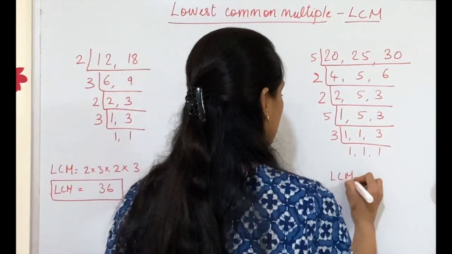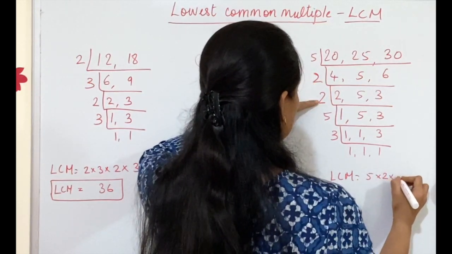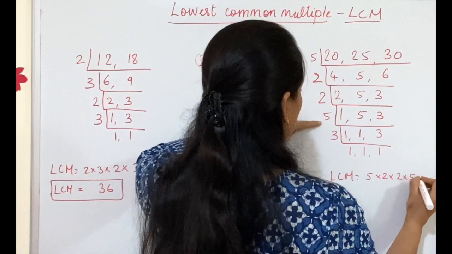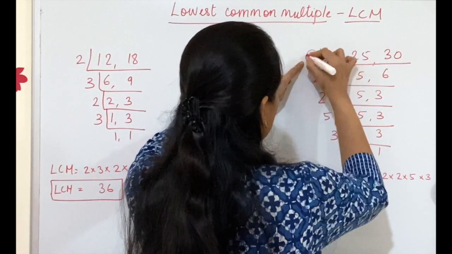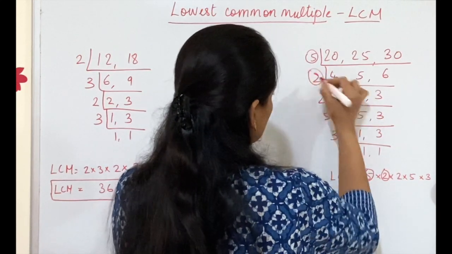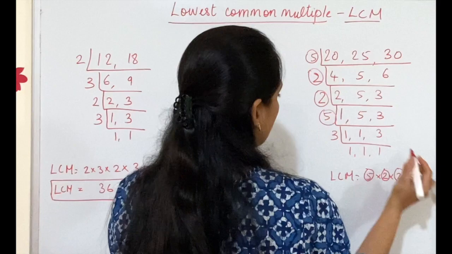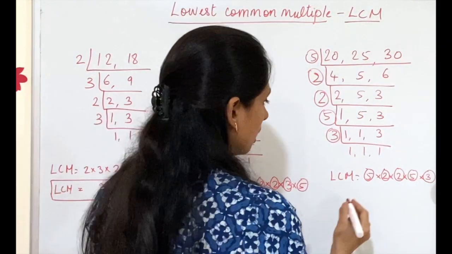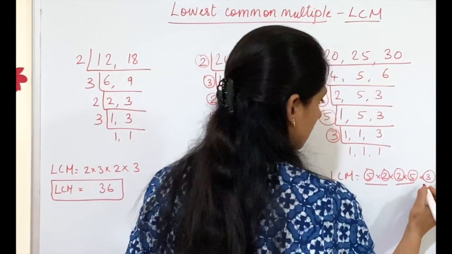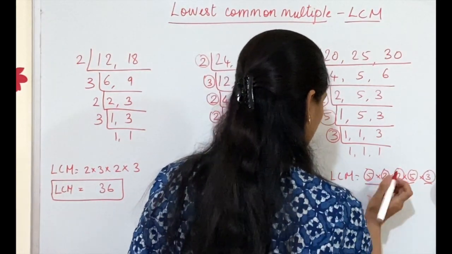Till I have 1, 1, 1, I will do. So what is my LCM? 5 into 2 into 2 into 5 into 3. So shall we circle? 5, 2, 2, 5, 3. So that way you will never go wrong. So 5 2s are 10, 5 2s are 10, and we have one more 3. 10 into 10, 100. 100 into 3 is 300.